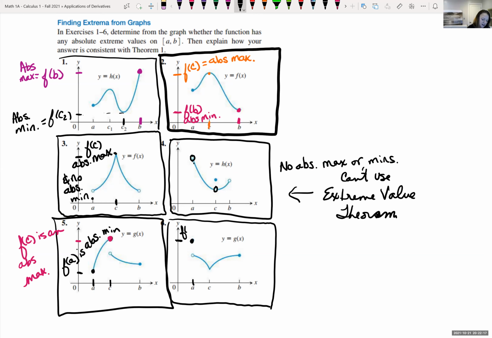It's defined there. So I think maybe we can then say that f of a is our absolute max. And then over here at C, we have the smallest y value. So f of c is our absolute min.